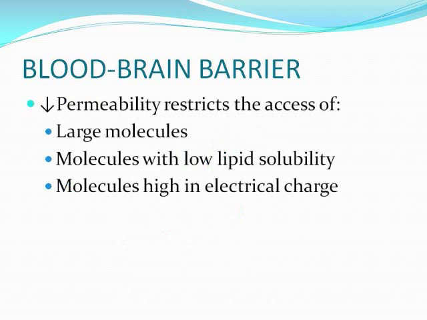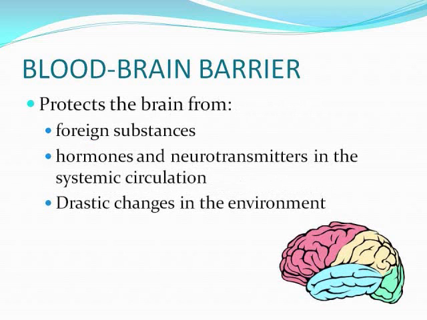The decreased permeability restricts the access of large molecules, molecules with low lipid solubility, and molecules high in electrical charge. They just can't cross the barrier into the brain. So this protects the brain from foreign substances, hormones, and neurotransmitters in the systemic circulation, and major changes in the environment of the body.